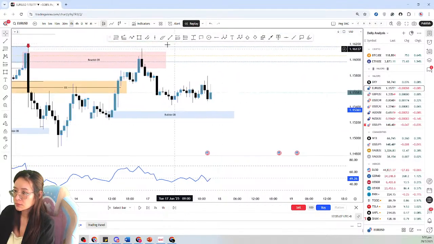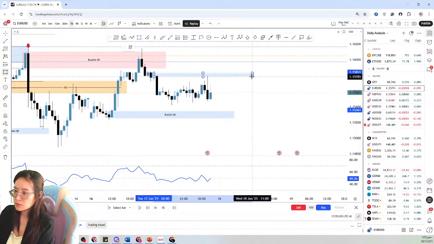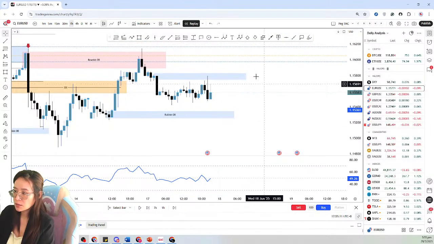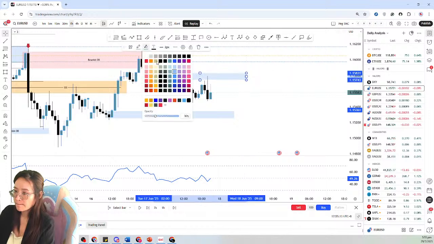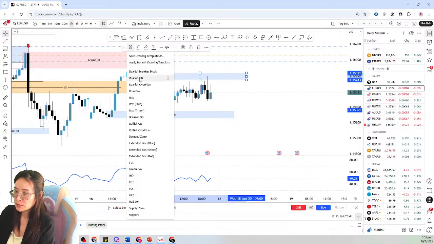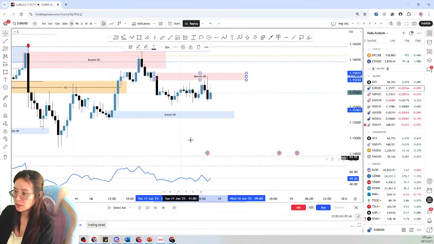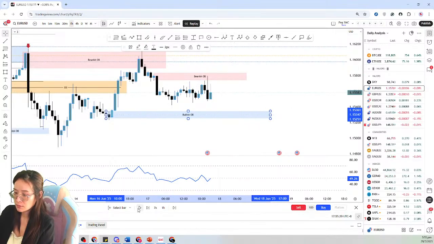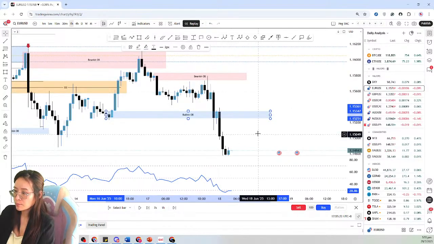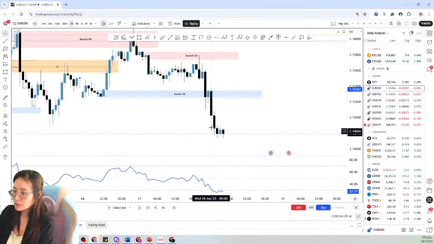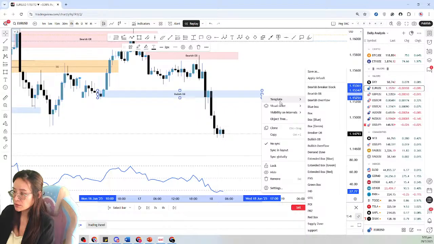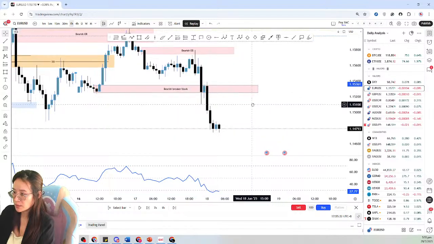Now, if you can sell here, this is your OB. Bearish OB here. You're going to sell here. You could target here. Right, boom. And this one, you can see that we sell here, you take profit here, price breaks below your bullish OB, and this one is going to turn into your bearish breaker block.